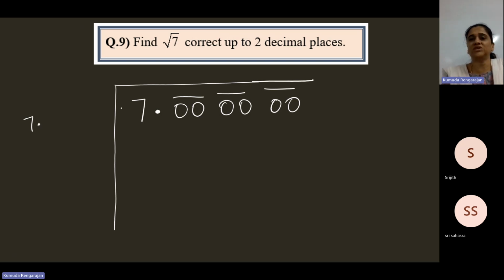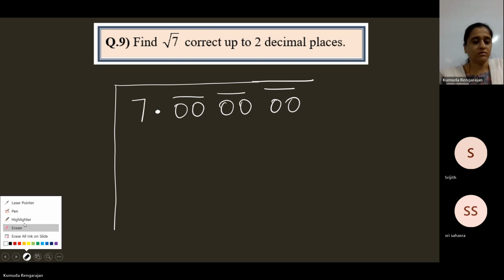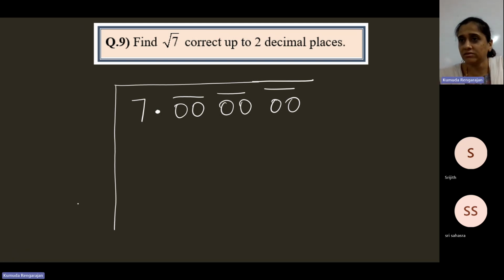You can add as many zeros as you want. But we use 6 zeros because we want 3 pairs, right? One more than 2 decimal places. So 3 pairs.